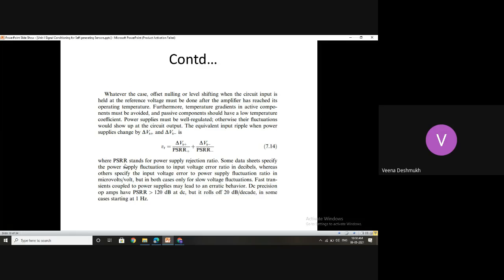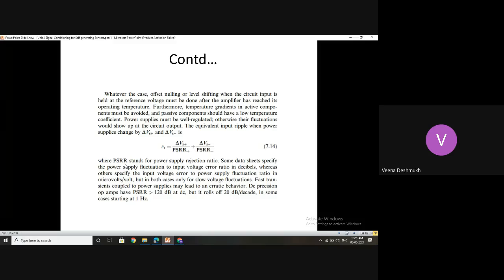You can select the range, and for that particular range, how many microvolts of change is appearing at the output you can see. So this gives you a ratio of microvolts to volts, where the output is in microvolts and input is in volts. So this ratio, that's why, because the range is very, very high here, microvolt to volt. So always these are expressed in dBs.